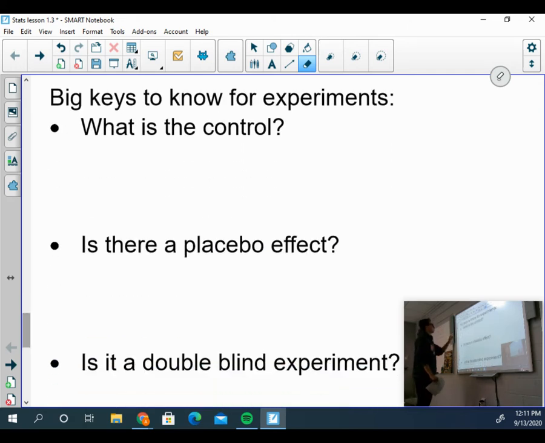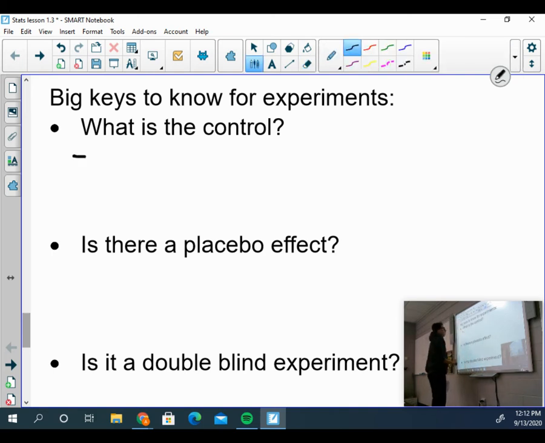Okay, so now that you've done that, let's talk about the big keys for an experiment. Okay, observational study, experiment. We're going to hone in on the experimental world right now. This might not be new for you, but it's good things to go over as we look at different experiments. So the question becomes, what in the world is the control? The control is that field, the rest of the field that didn't get the special chemical for the crops, right? There are a million definitions for control.